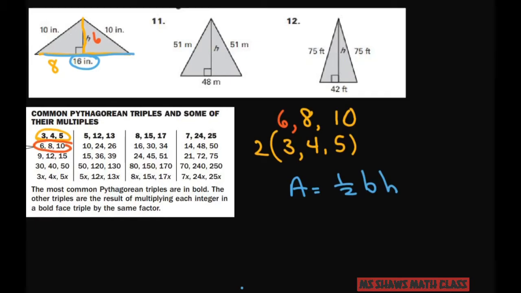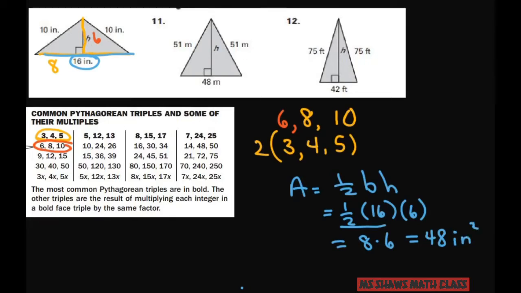So basically, we're going to get 1/2 of 16 times 6. And what you can do is you can just say, well, 1/2 of 16 is 8. So 8 times 6 is going to be 48 inches square, because you're doing area, you're multiplying. So it's going to be 48 inches squared.